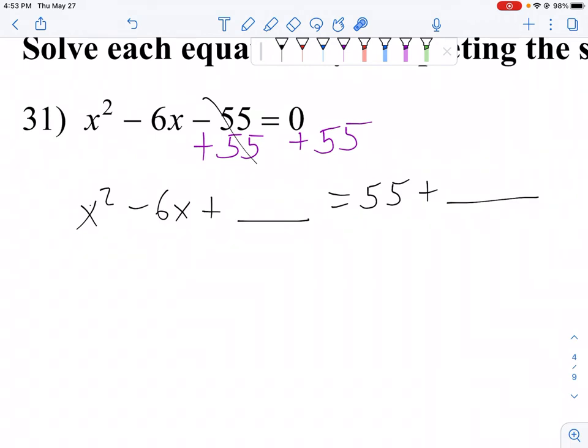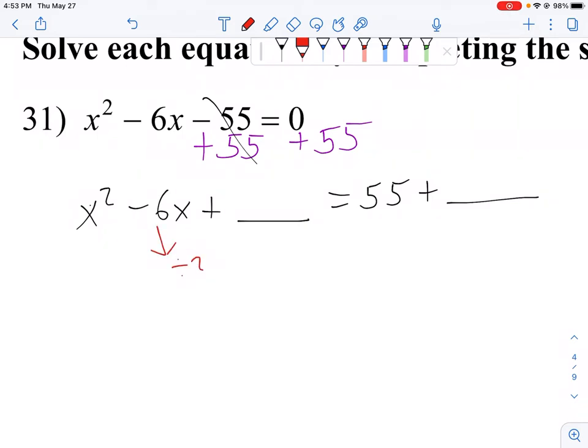Think about an equation being like a scale. I can change my scale by whatever I want as long as I do the same thing to both sides. So if I have a scale and right now this is balanced, then if I add 5 here, as long as I add 5 here, my scale stays balanced. So here's how we're going to figure out what we use. We're going to take our b term and we're going to find half of it.